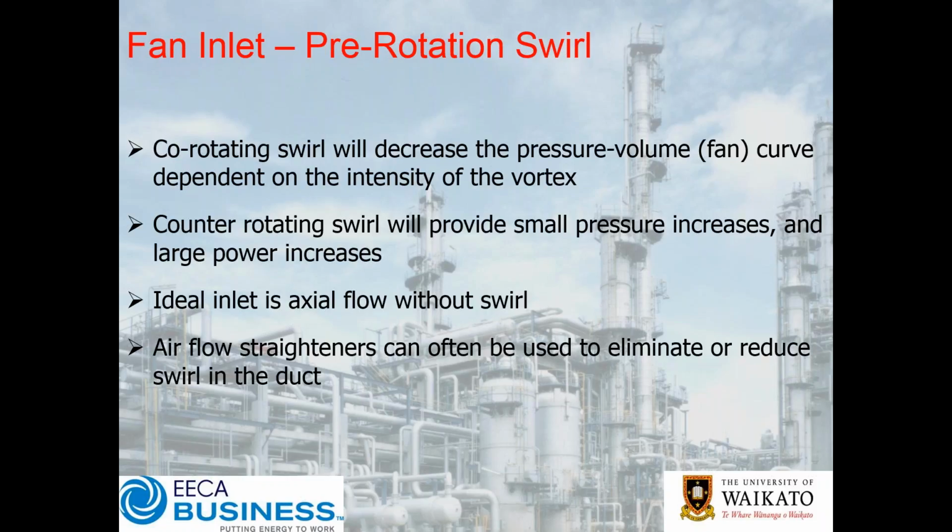If you do have swirl, you want to think very carefully about, do I need to put some flow straighteners in there to eliminate or reduce the impact of that swirl? If you've got a crazy ducted design, you might need to actually deliberately put some flow straighteners to disrupt the inducing of eddies or vortices at the front end of the fan.